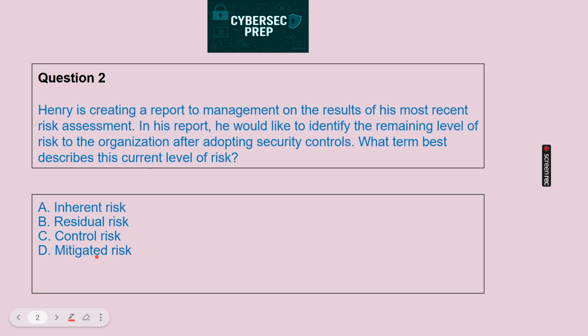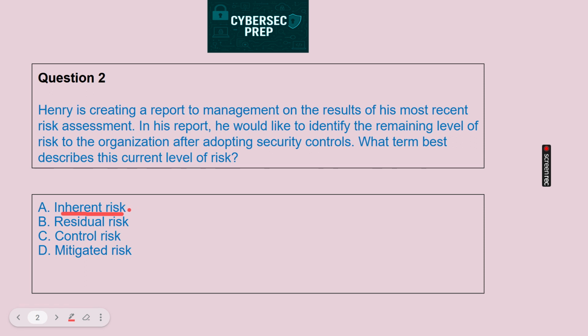Let's look at the first option, inherent risk. Now, inherent risk is basically the original risk, you can say, that existed prior to implementation of any controls. But the question is about the remaining level of risk that is there after adopting the security controls.